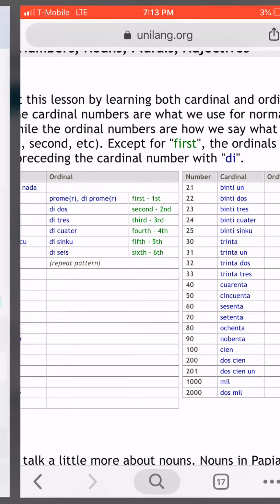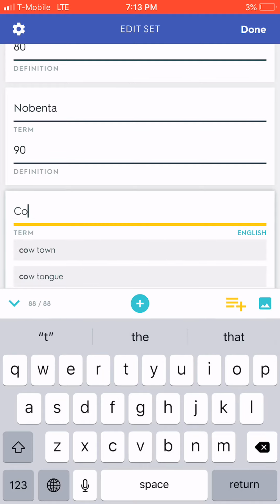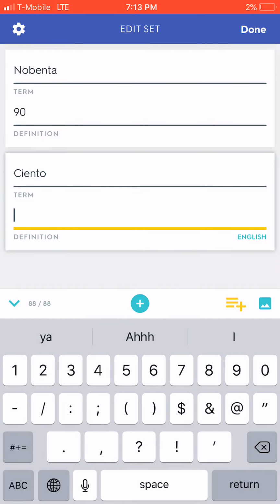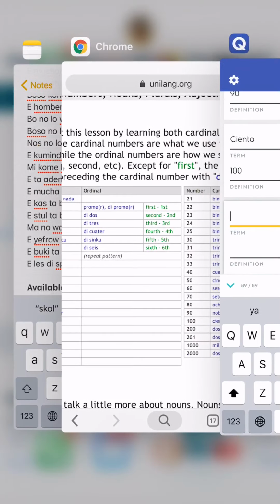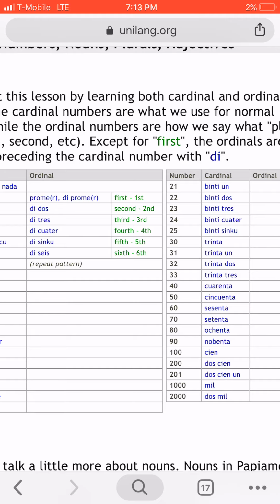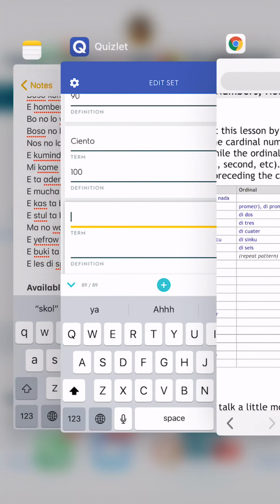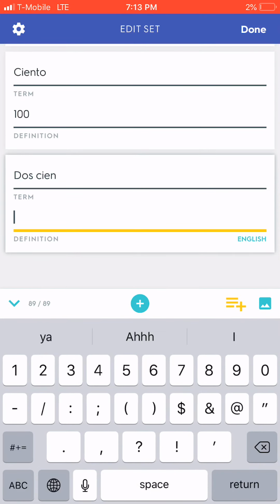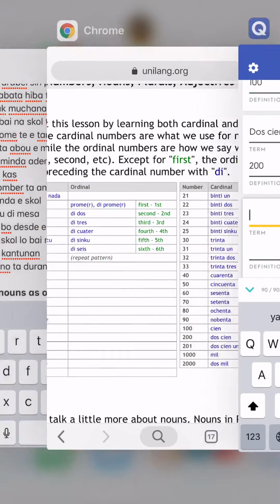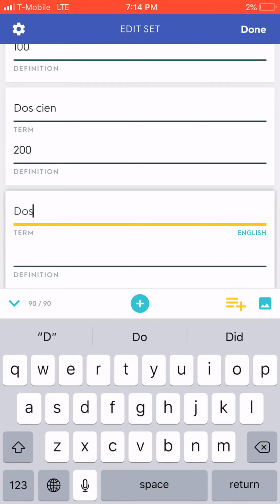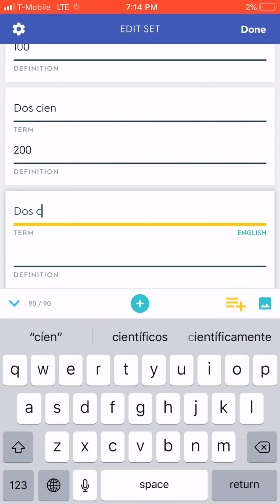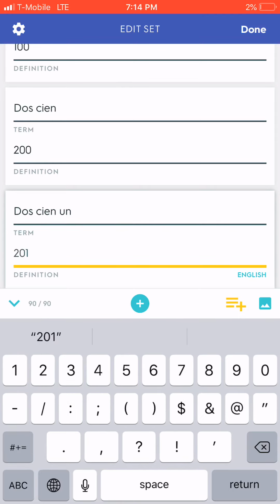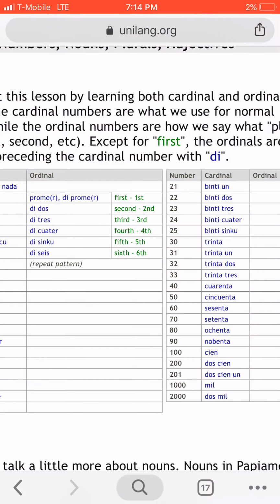And cien. I don't know if there's a ciento or not, but the example they give doesn't have a ciento. Ciento, dos cien, 200, dos cien un, for 201, 1,000 is mil.